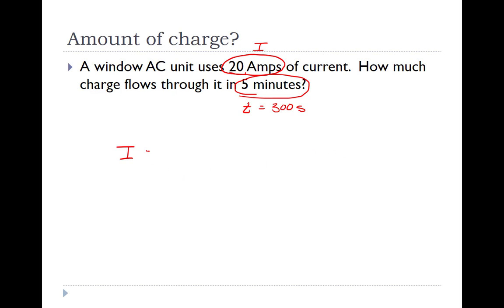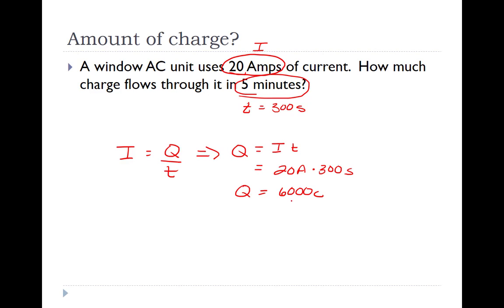So current equals charge divided by time, which means the charge is going to equal the current times the time. 20 amps times 300 seconds is 6,000 coulombs of charge that flow.